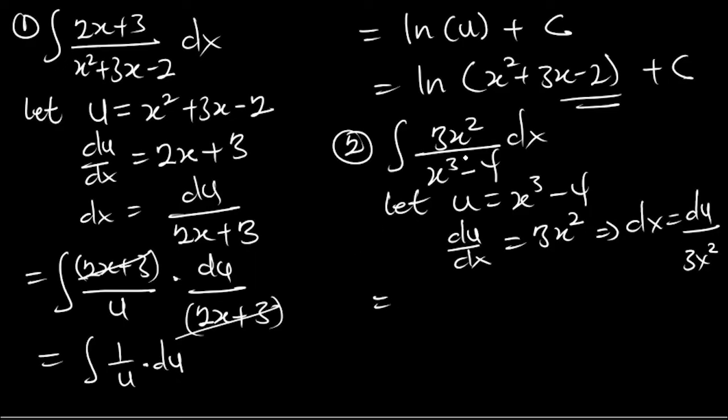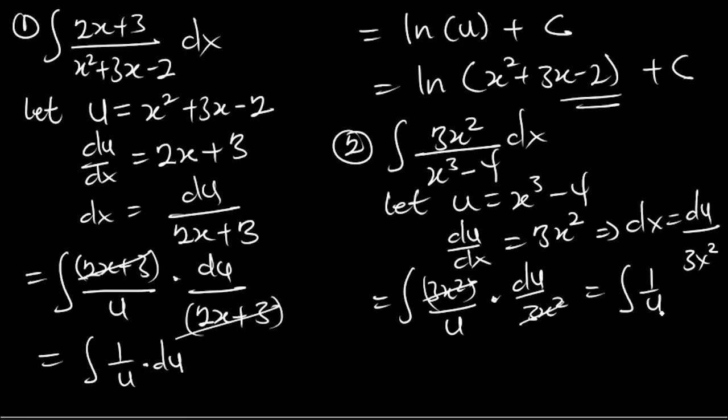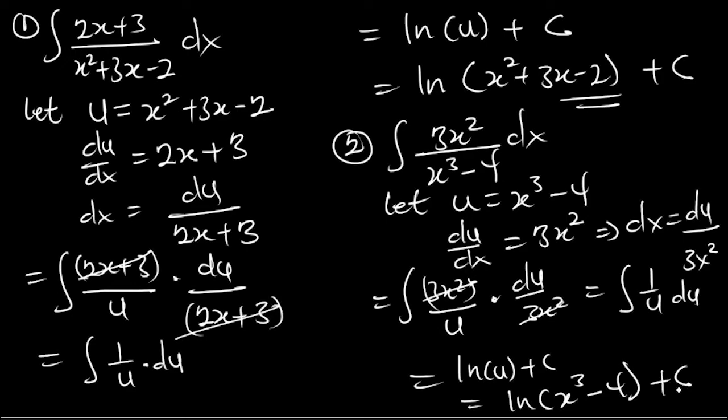I'll bring it back to get my 3x squared on u, and dx is now du on 3x squared. Taking care of that, I'm going to be left with 1 on u du, which will give me ln of u plus c. In that case, I'm getting ln of x cubed minus 4 plus c.